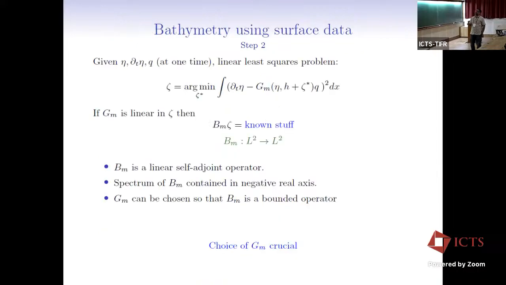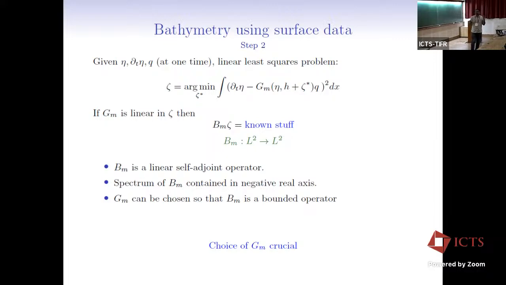Okay, so let me talk a little bit about this second step, where we have to do this minimization problem, where we want to find the zeta that minimizes this. If I chose my model such that my model G was linear in zeta, then this boils down to the normal equations, least squares, right? AX equals B. That's essentially what this is at this point, if I chose my model correctly.